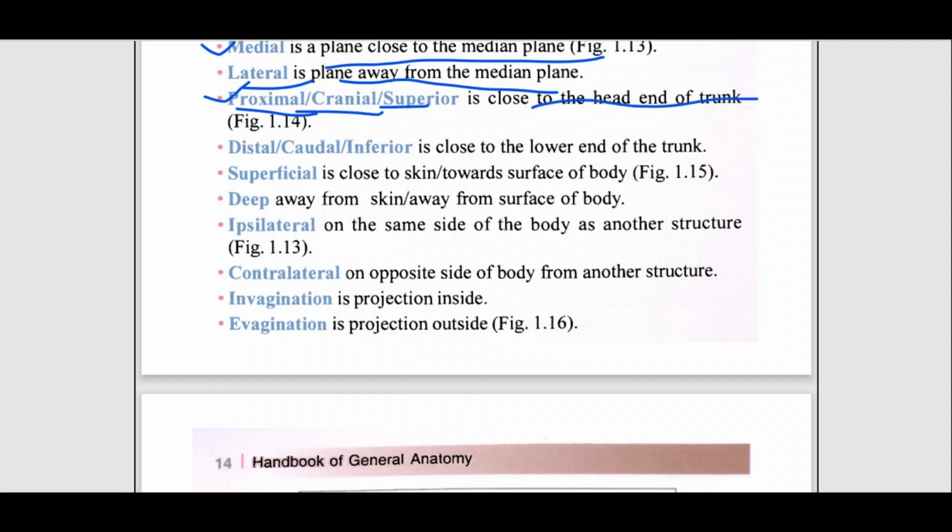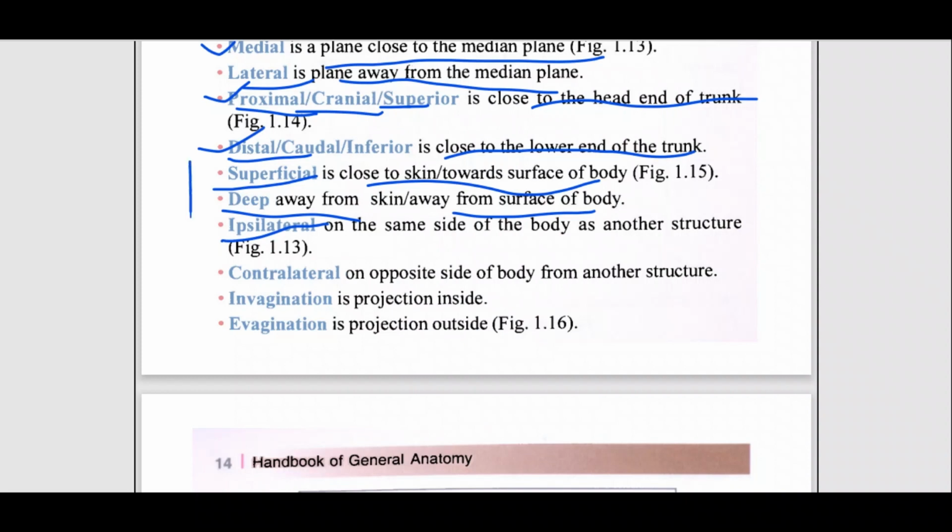Proximal means करीब से, नज़दीक से, and superior or cranial, it is close to the head or end of the trunk. For example, your humerus is proximal to your trunk. However, your phalanges, they are distal to your trunk, because distal means दूर, क्योंकि it is close to the lower end of the trunk. अब यहाँ पे superficial means close to skin or towards the surface of the body.